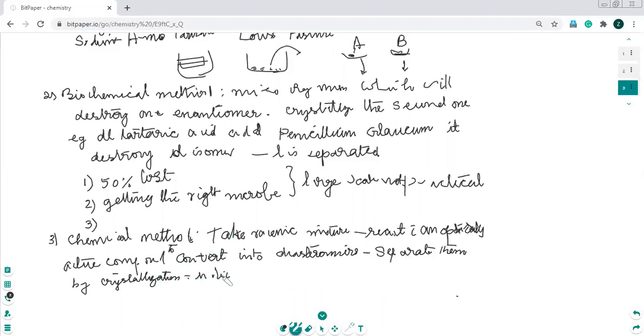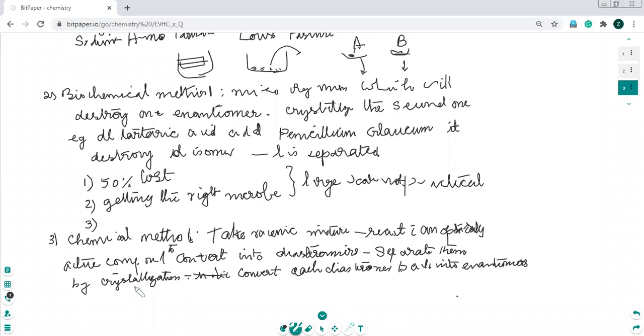Okay, now convert each diastereomer back into enantiomers. Convert them back into enantiomers.